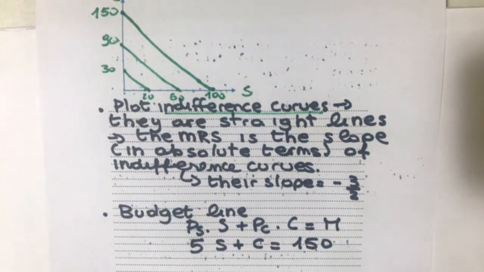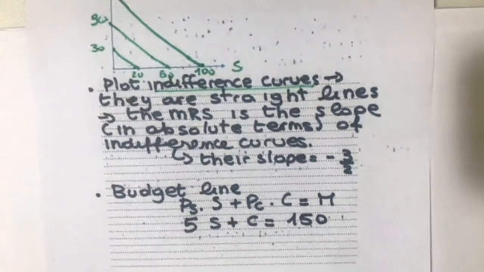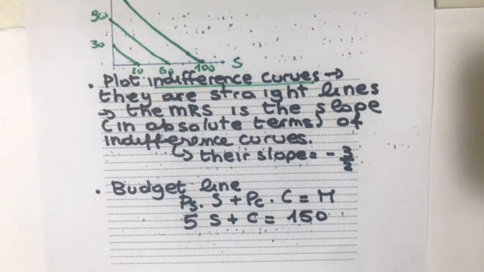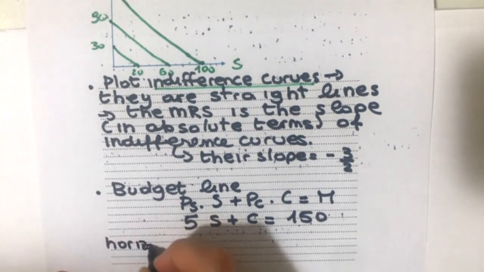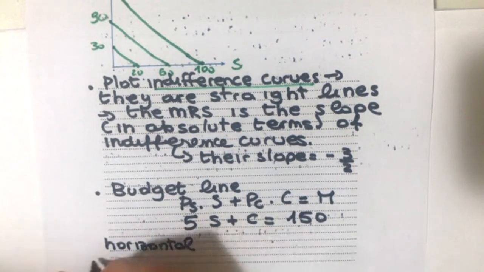Okay? As you know, in order to draw a line, we can just rely on the intercepts, the vertical and the horizontal intercepts. Okay, so we start with the horizontal intercept.